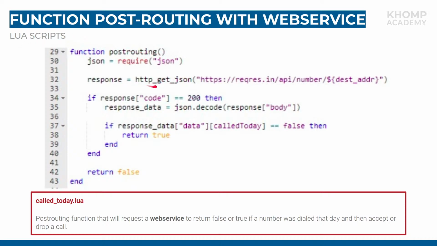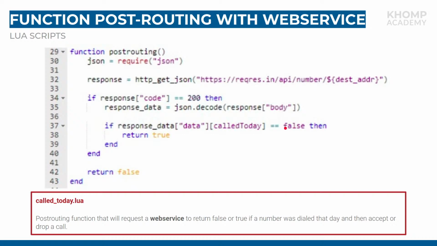You have the HTTP get JSON. So you are going to put this URL, and then if the response code is 200, that means that you found a web service at that URL. Your response data will be the JSON decode of the response body, and then you have a condition.